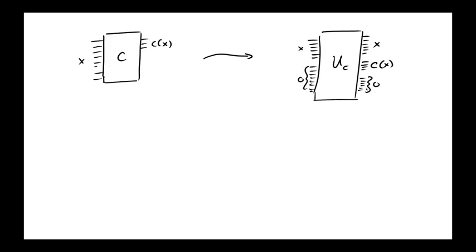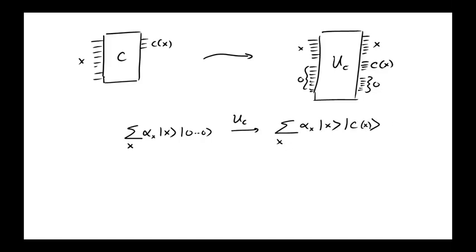Now, because this is a quantum circuit, you could also give it as input a superposition sum over x, alpha x, |x>. And in the second register, we have a bunch of zeros. Now, what's the output when you apply this circuit to it? You get superposition over x, alpha x, |x> in the first register, |C(x)> in the second register, and a bunch of zeros in the third register.